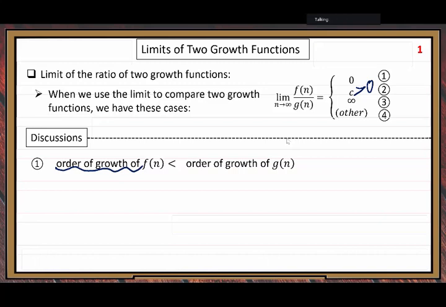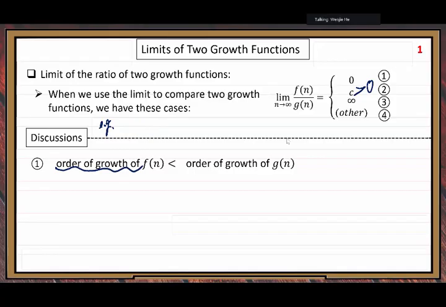At this point, let me give you a rough description of the order of growth concept. Here I show you an example. Let's look at a monomial.